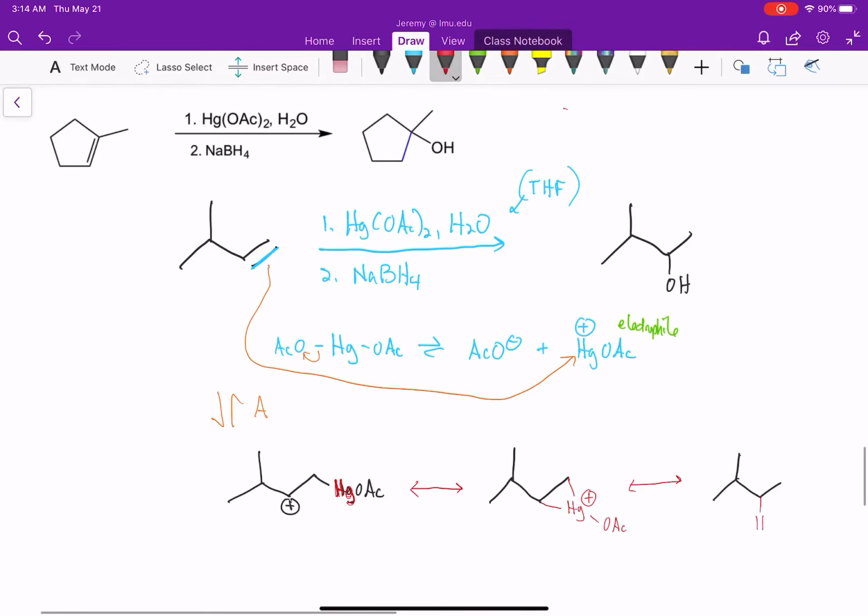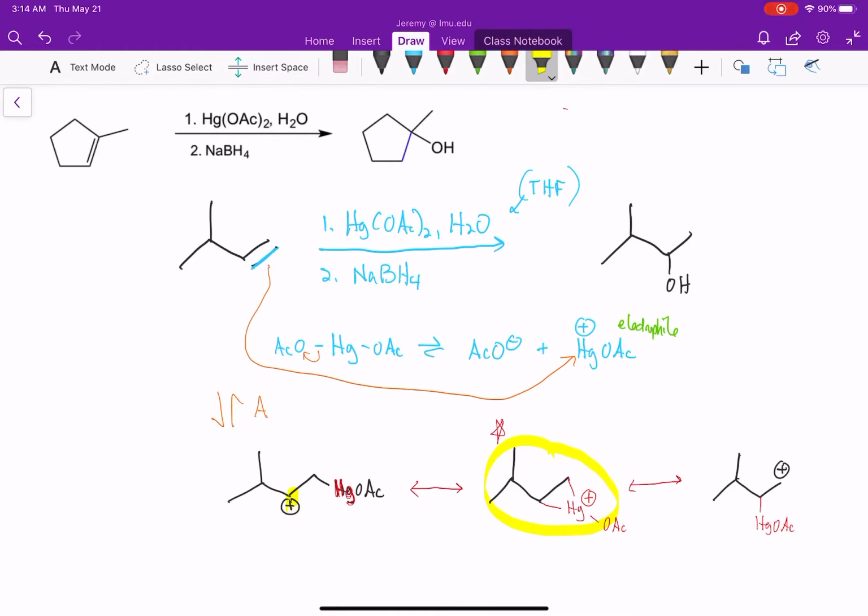So the mercury could just be bound to that carbon, leaving you with a carbocation there. All right? So this is sort of the key intermediate, the key resonance structure, where the mercury is sharing the burden of this positive charge, right? This is the key structure, why we don't have a rearrangement.